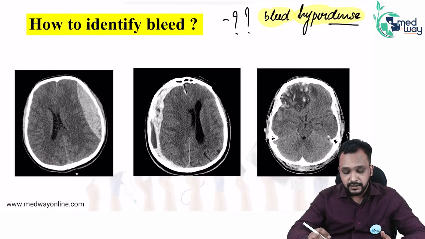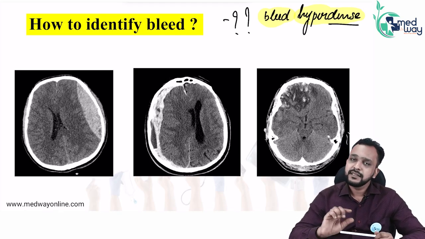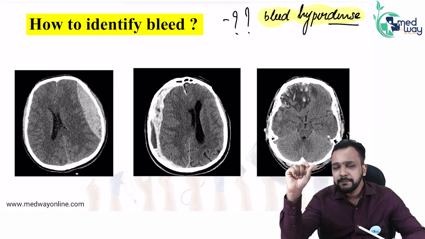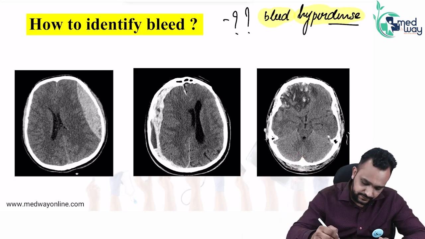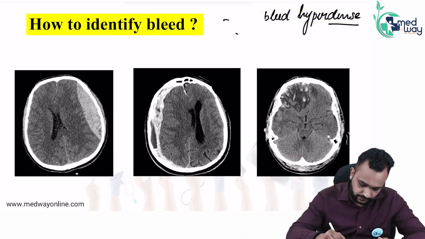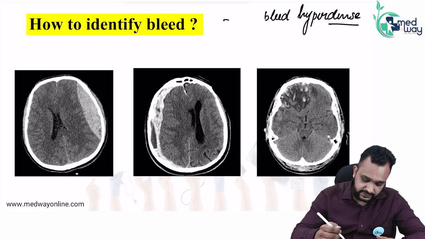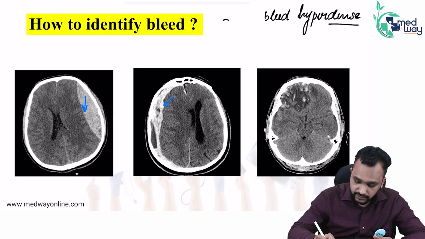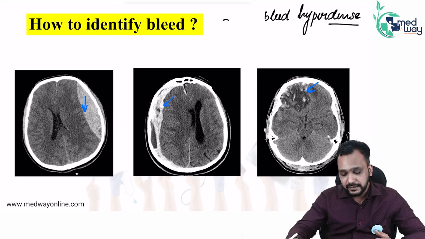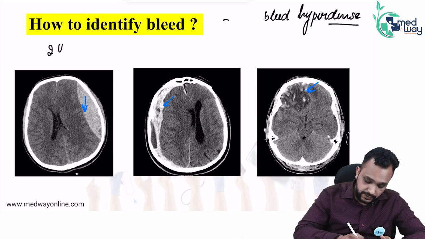Now the question is, how to identify a bleed in these patients? So guys, the general rule is that the bleed appears hyperdense on the CT images. If you look at the various types of bleeds shown here, you will see an area of hyperdensity, and this area of hyperdensity is nothing but an area of hemorrhage. There are two things which appear bright on CT.